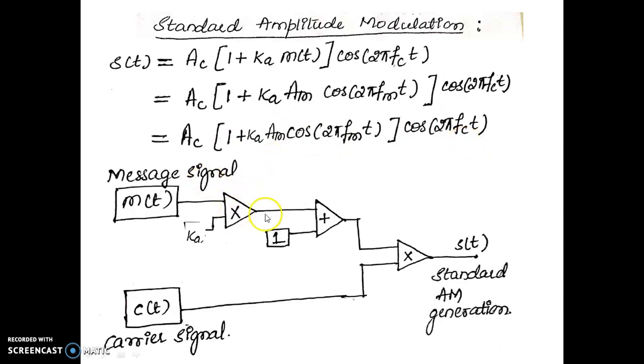If you can see here, one addition term which is a representation of this, that is having 1 plus the multiplication of Ka into the message signal. This is that Ka into message signal, this is multiplied here, and this addition of message plus the constant term is again multiplied with carrier signal, which is over here being represented using this multiply block.